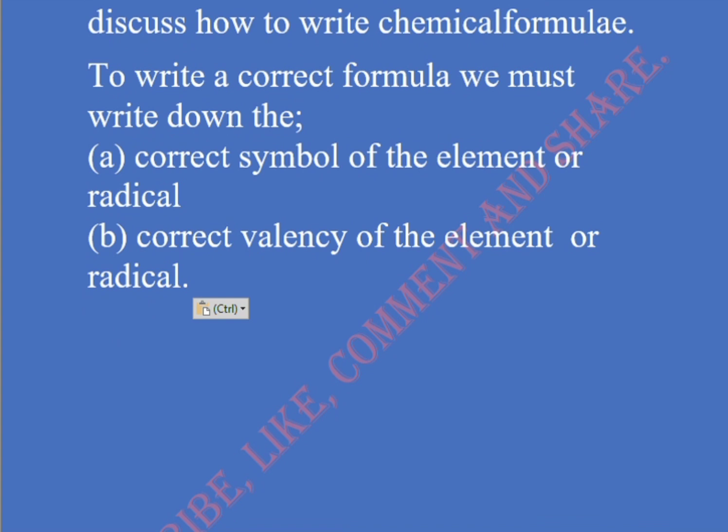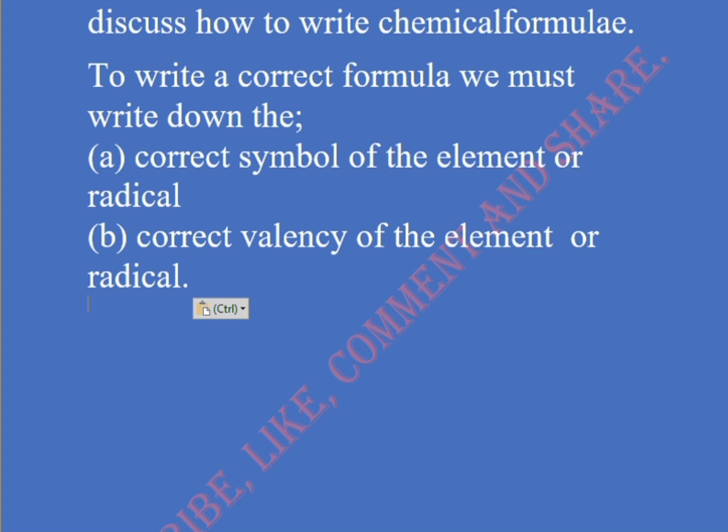Correct symbol of the element or radical. That's why when we began, we first looked at the symbol of the elements, which I began with in Form 1.